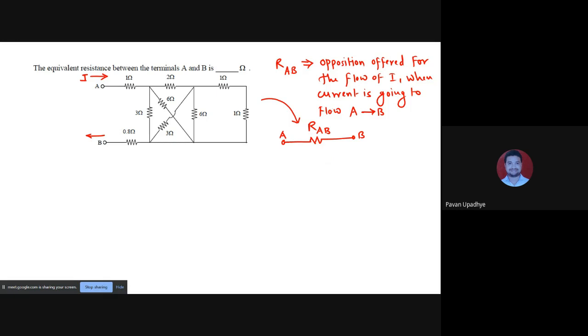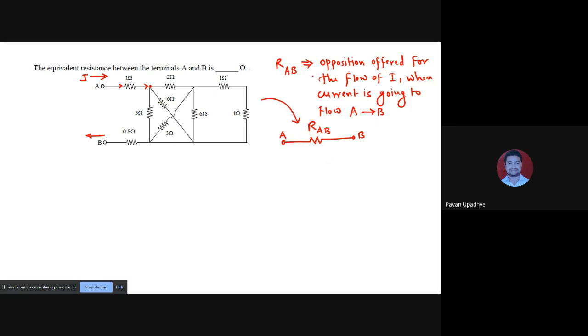This is the simplest thing that we should firstly understand. Now to do that, we must firstly understand which resistances are connected in series and which in parallel. Unless we understand that, we will not be able to find this out. So let us start looking at this circuit. Current will enter from A, will enter into 1 ohm, and will reach this point. When it reaches this point, it has three paths where it can flow.